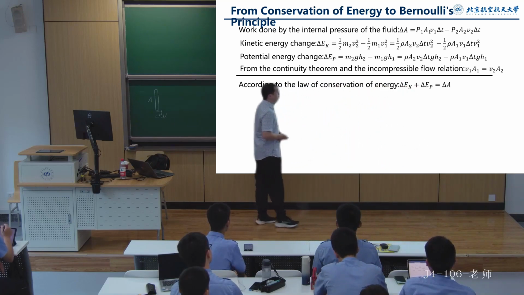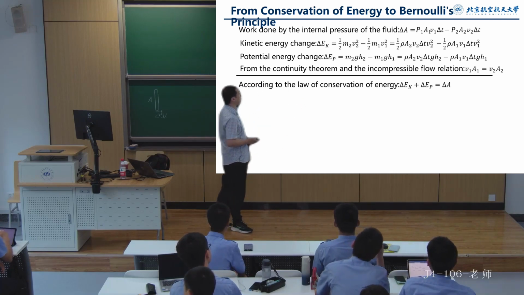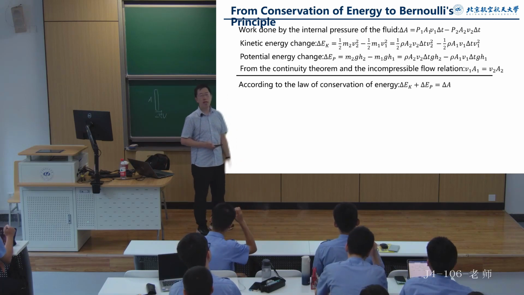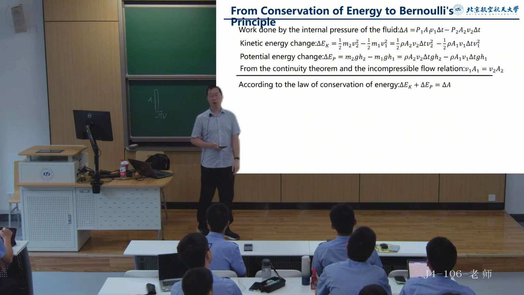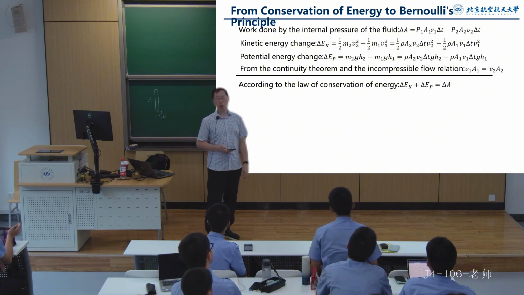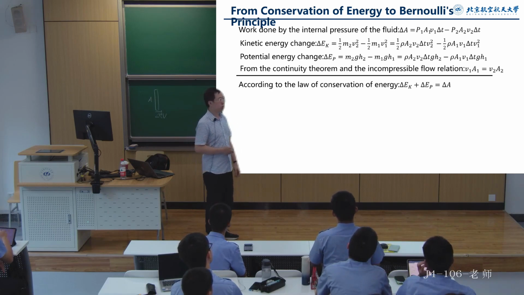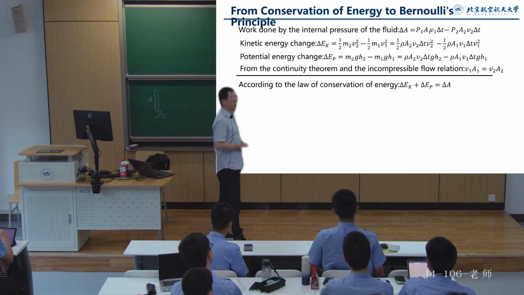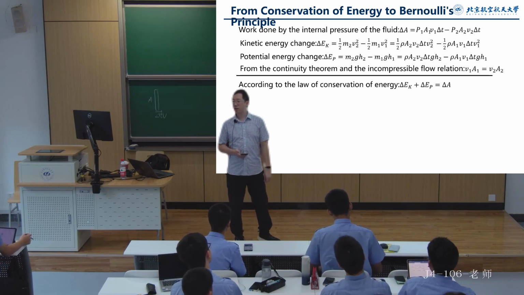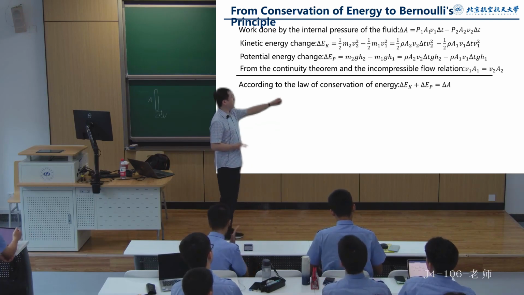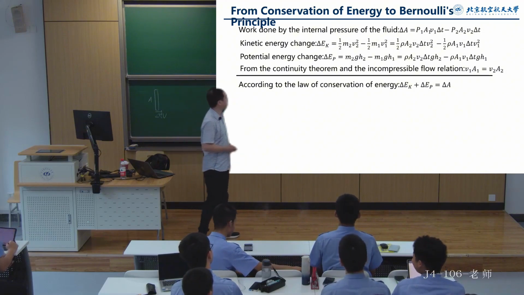All right, by listing the above equations, we can simplify them. First, we have the relationship of energy conservation, where we say the work done includes one part where pressure does work, right? And another part is gravity, where gravity does work. So, what kind of changes does this result in? The main point is that its kinetic energy has changed, right?